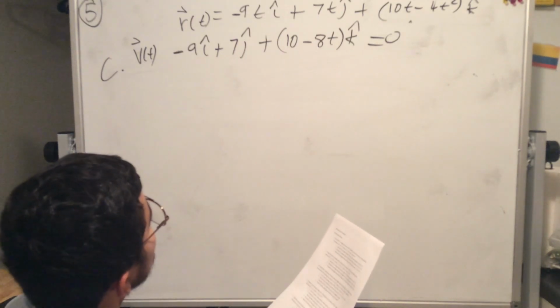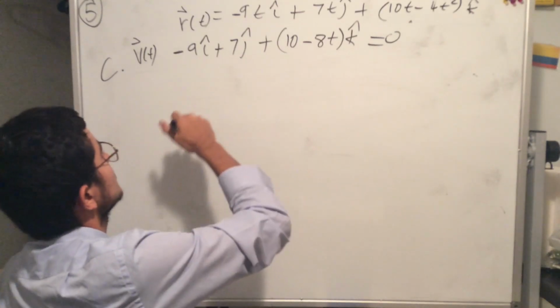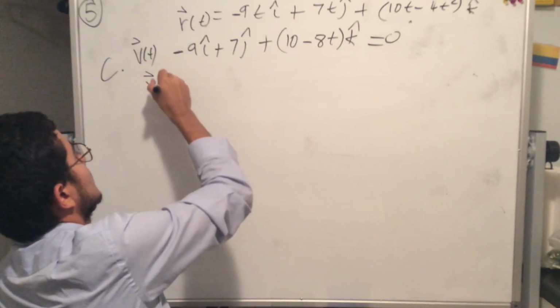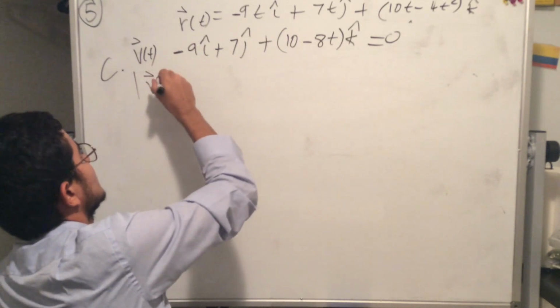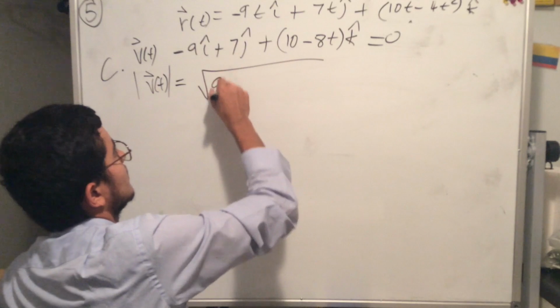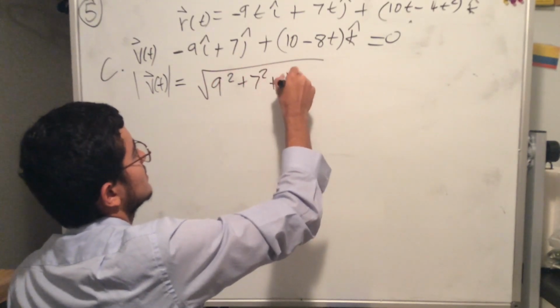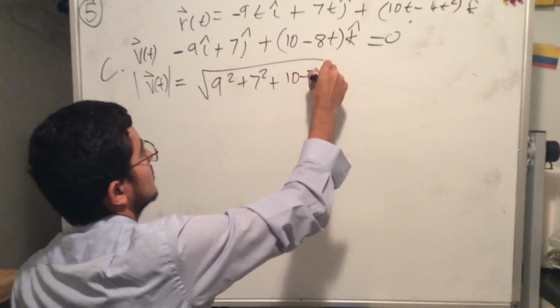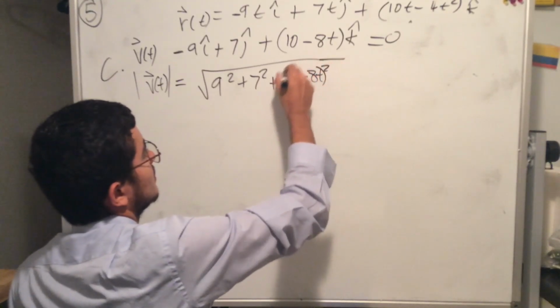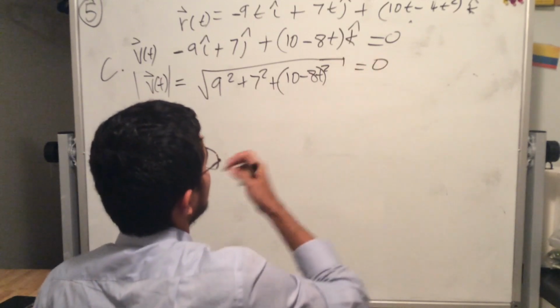So we have to use Pythagoras in 3 dimensions here. So we're going to find the magnitude of the velocity, which is going to be the square root of 9 squared plus 7 squared plus 10 minus 8t, all of that squared. And that should be equal to 0.